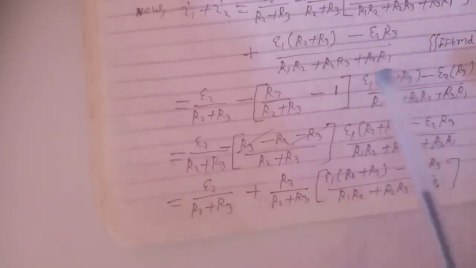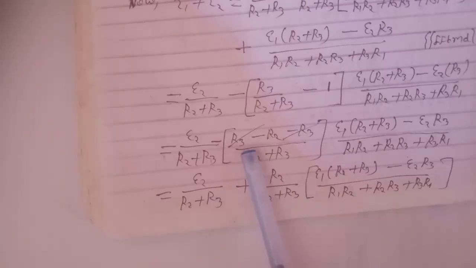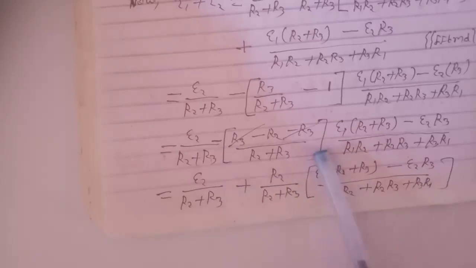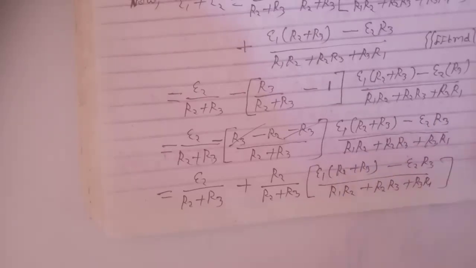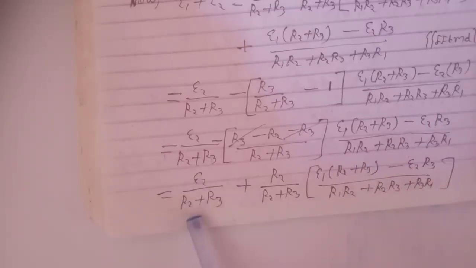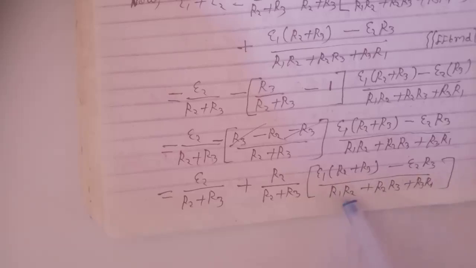This value is taken common from here. Now E2/(R2 + R3), on solving, has R3 minus R3 divided by (R2 + R3); this will cancel. Again we have E2/(R2 + R3) plus R2/(R2 + R3) times [E1 (R2 + R3) − E2 R3] divided by (R1 R2 + R2 R3 + R3 R1).